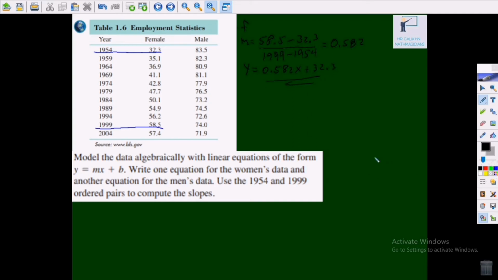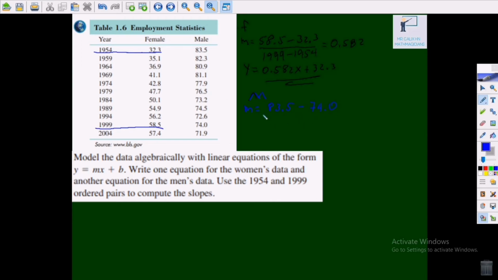Now for male. For the male, let's change our color. The information is actually different because of the y value. So the slope is equal to 83.5 minus 74.0.